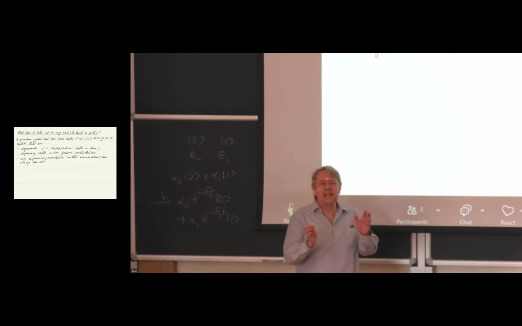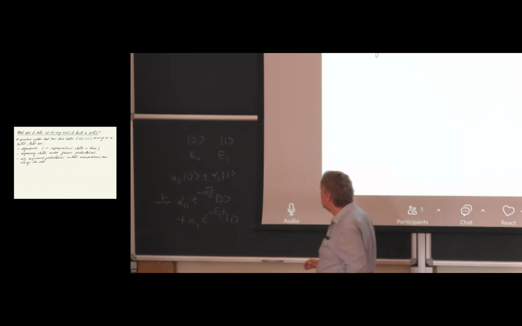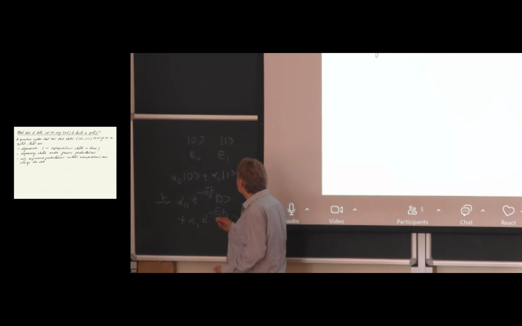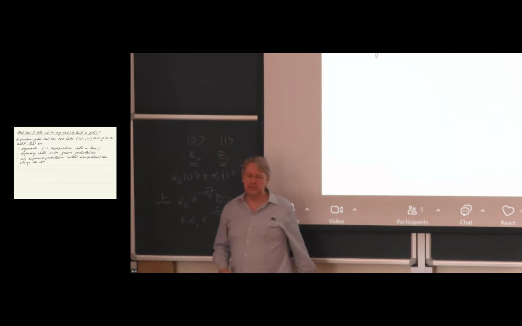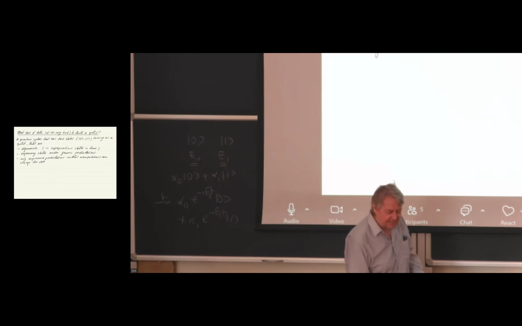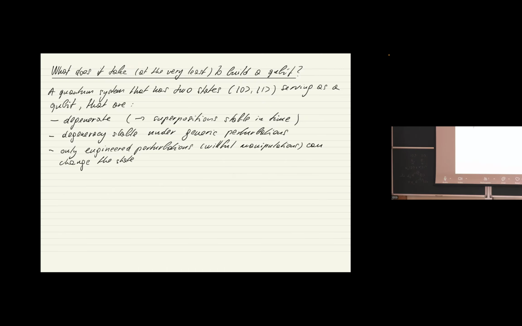Of course, you can say, I go to the interaction picture and get rid of that. But to do that, we need very precise control on E0 and E1, which is the challenge. It would be a lot better if, for some reason, they had the same energy no matter what. Then superpositions are stable in time.